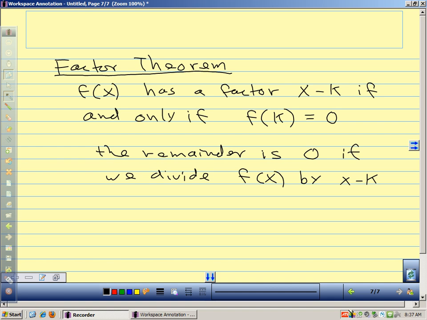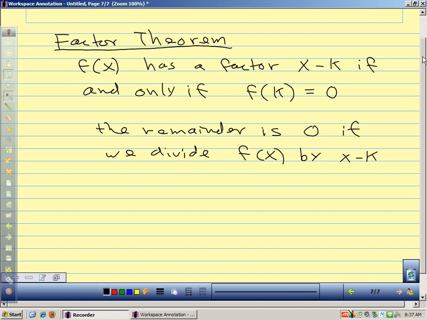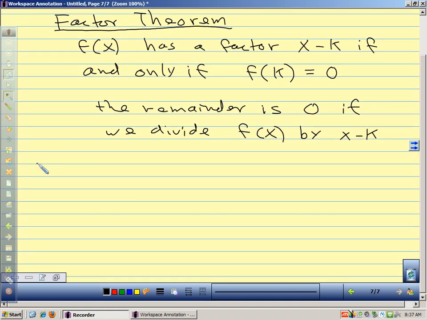So the way we would use this, a problem that uses the factor theorem is going to ask us, and there are a couple like this on the homework, we have f of x equals 3x cubed plus 2x squared minus 19x plus 6.